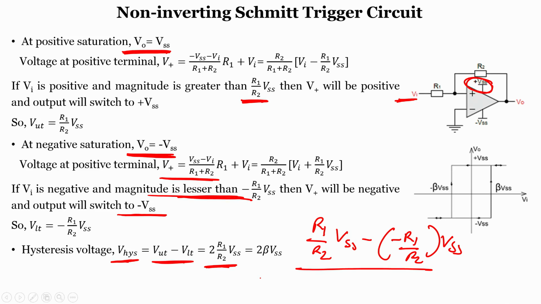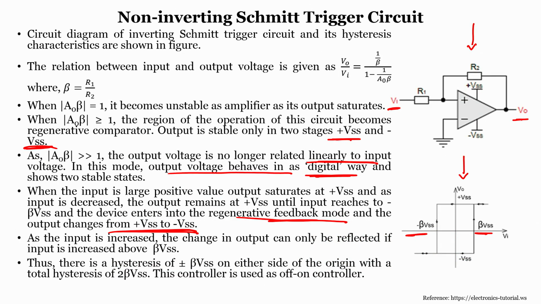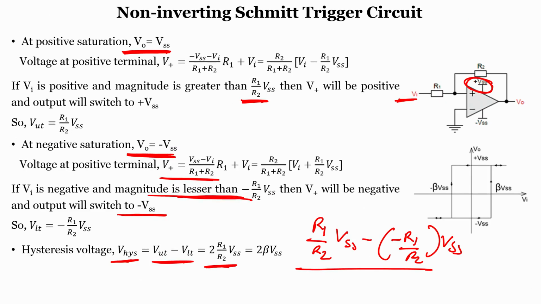R 1 by R 2 is our beta. So, 2 times beta V S S, right. This is what we call the total hysteresis of 2 times beta V S S, right. So, this is how your non-inverting Schmitt trigger circuit works, right.